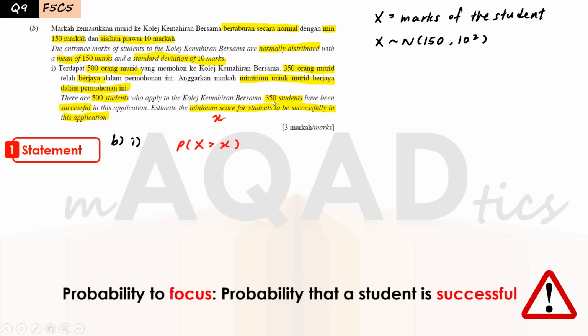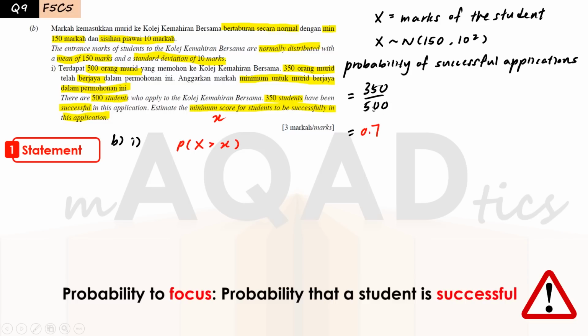So we find the probability from these two values: 350 divided by 500, then we get the probability of success. So this would be our probability statement.